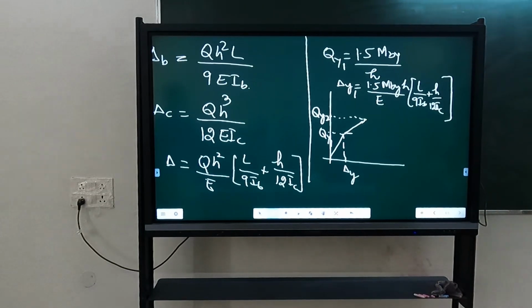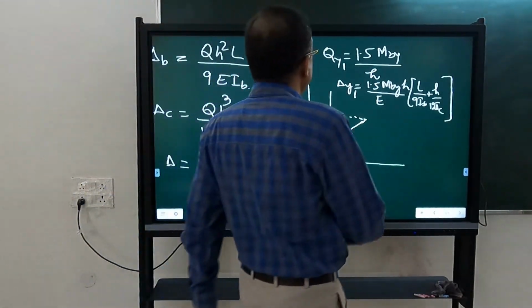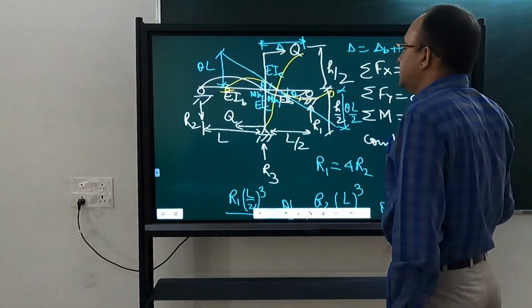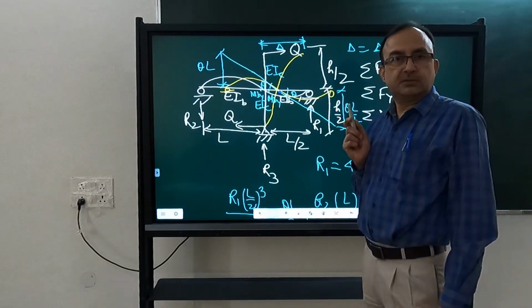When the first hinge forms, the stiffness reduces, but it does not become zero. So QY1 is where the first hinge has formed, when this force is equal to this much, and the hinge is forming here.